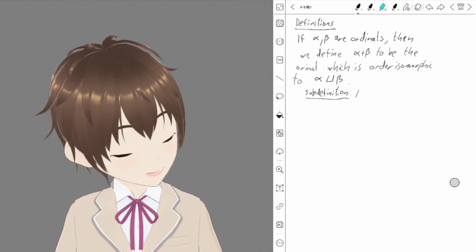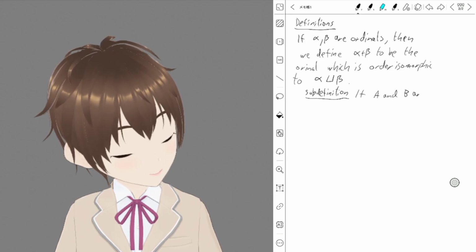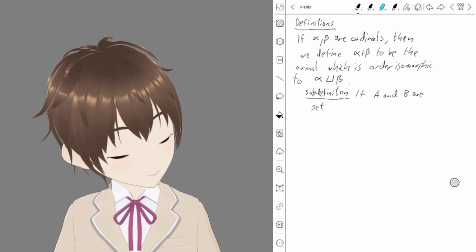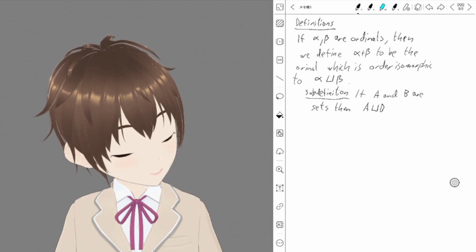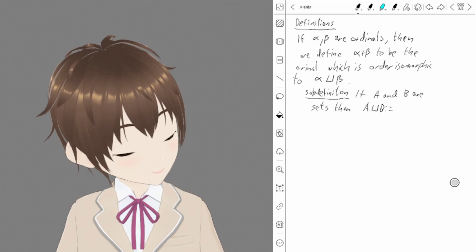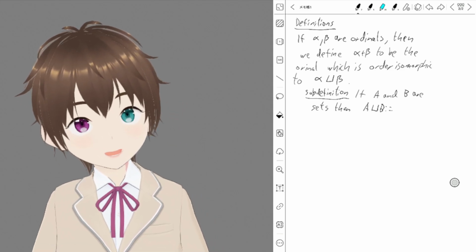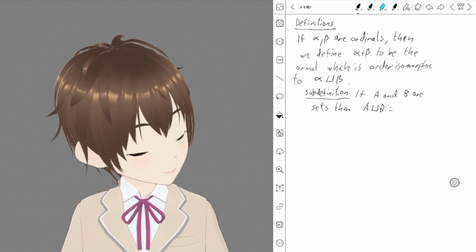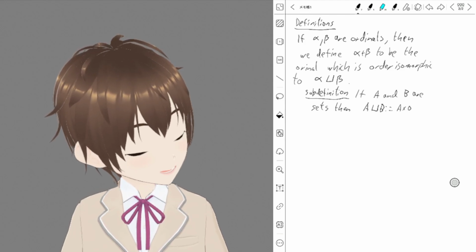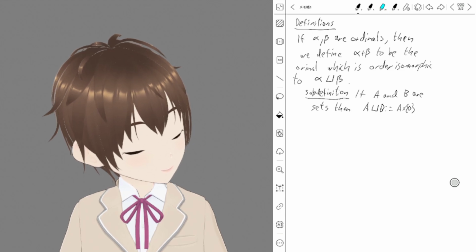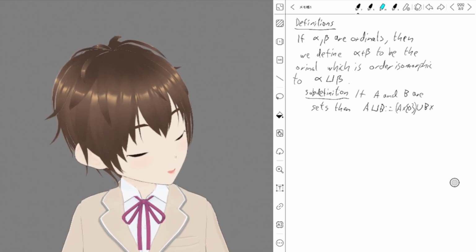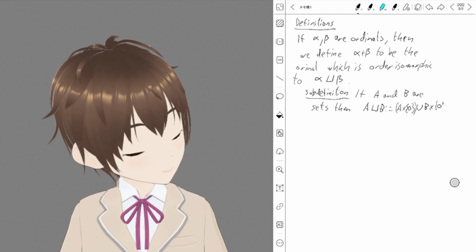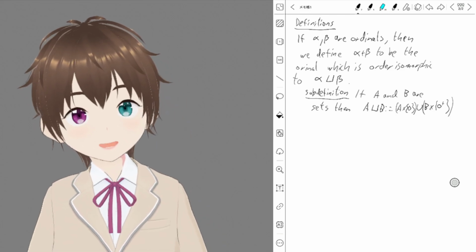If A and B are sets, then the disjoint union of A and B is defined to be equal to the union of the stuff in A with a 0 tagged on it, so A times the set containing 0, union B times the set containing 1, which we'll see later is the number 1.